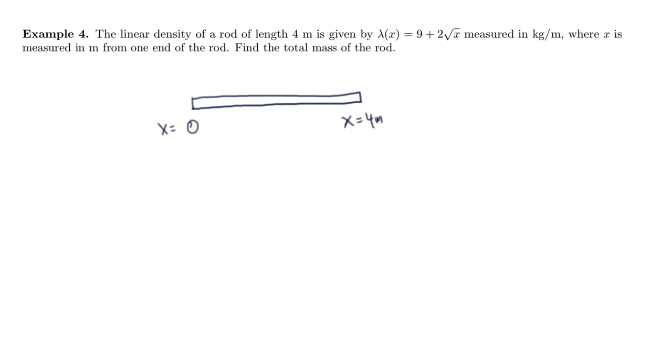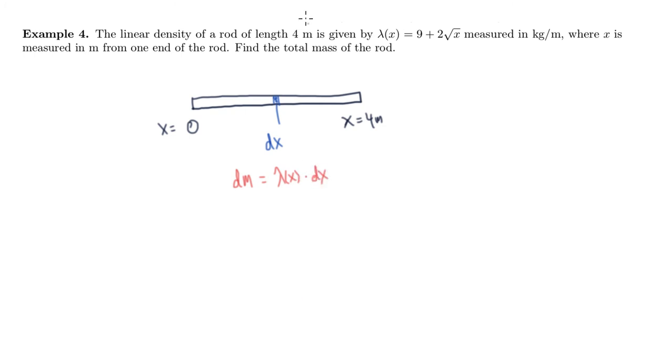And now, the mass, if I take a small little piece of the rod, well then a small little piece of the mass is just going to be the density at that x value times the length.